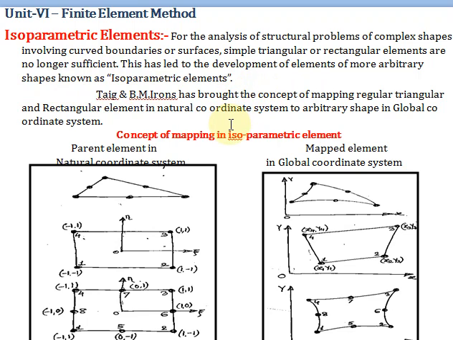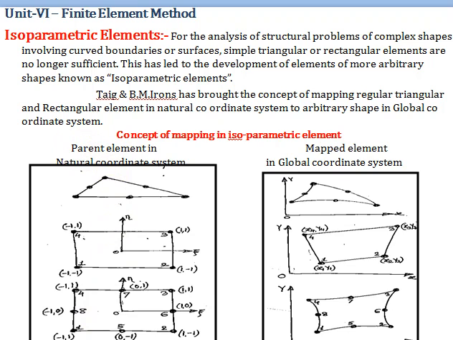Okay, so this concept was brought by Taig and Irons, of mapping the regular triangular and rectangular element in natural coordinate system to arbitrary shape in global coordinate system. Okay, so the concept of mapping is in isoparametric element.